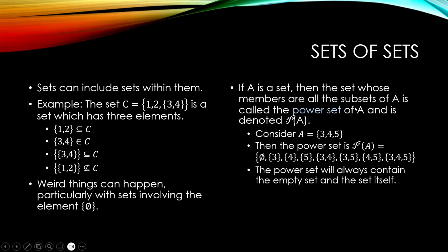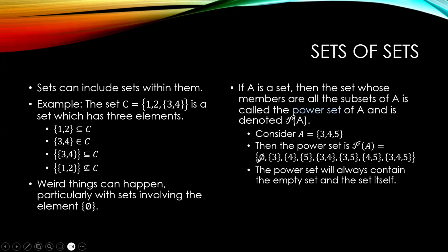If A is a set, then the set whose members are all of the subsets of A is called the power set of A and is denoted with this curly P of A. Consider A equal to {3, 4, 5}. Then if we wanted to create the power set, that would be the set which has all of the subsets of {3, 4, 5}.